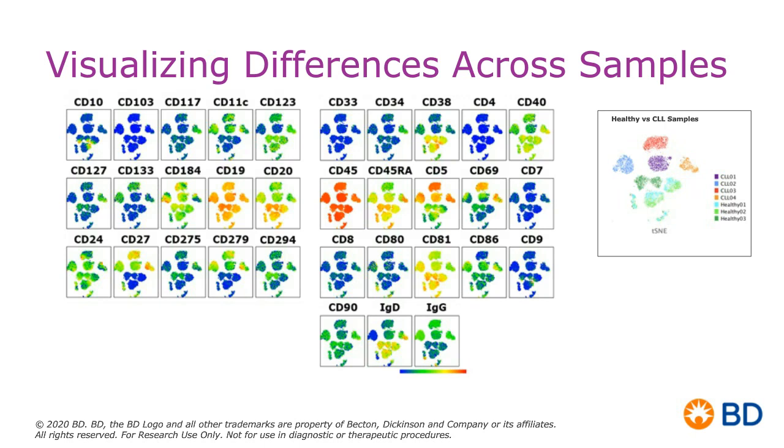But when we start looking more in depth across the different markers and the different expression, we can really drill in on some differences between healthy versus CLL, then within the different CLL populations, and what's unique about CLL4, with that particular population looking almost like 2 independent clusters.